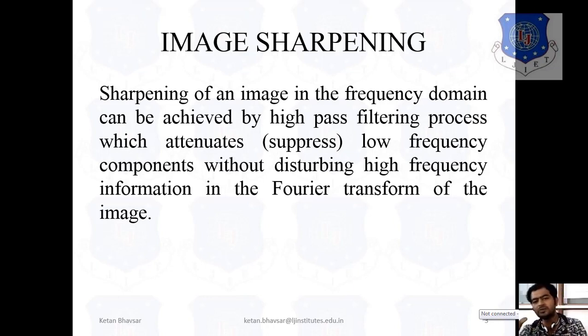So when we are talking about image sharpening, we are dealing with high frequency content and we try to remove the low frequency content as much as possible. The high frequency data can work as edges, and we get a better outcome compared to the low frequency content.